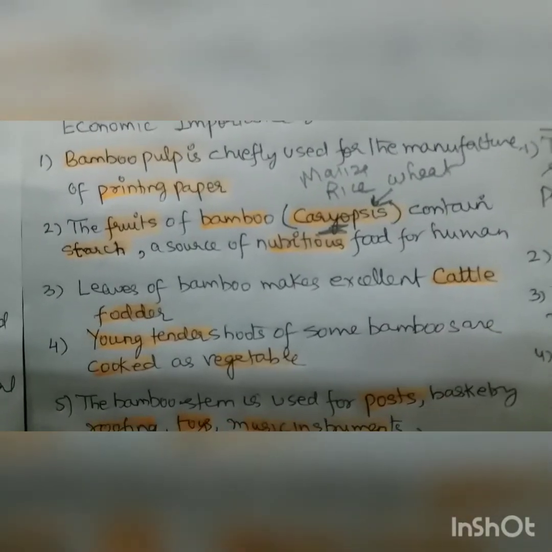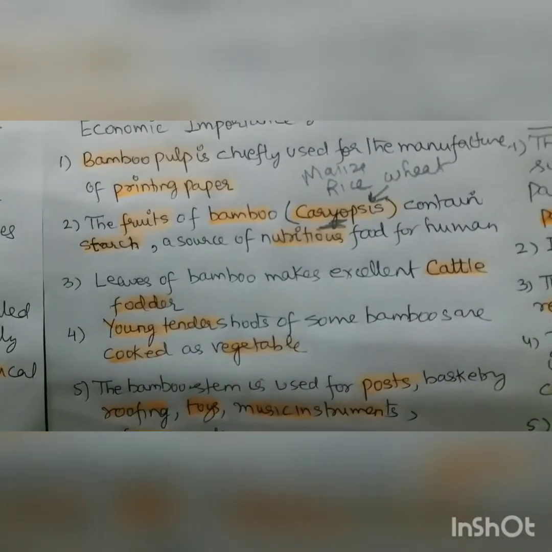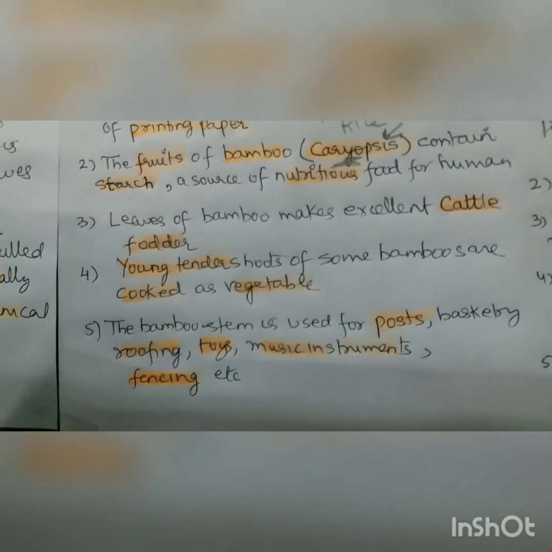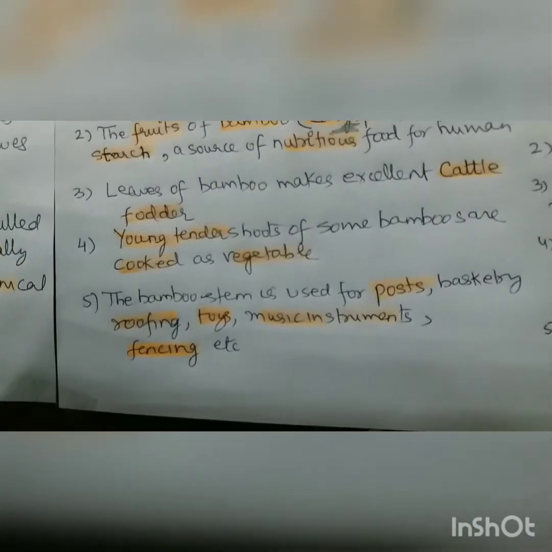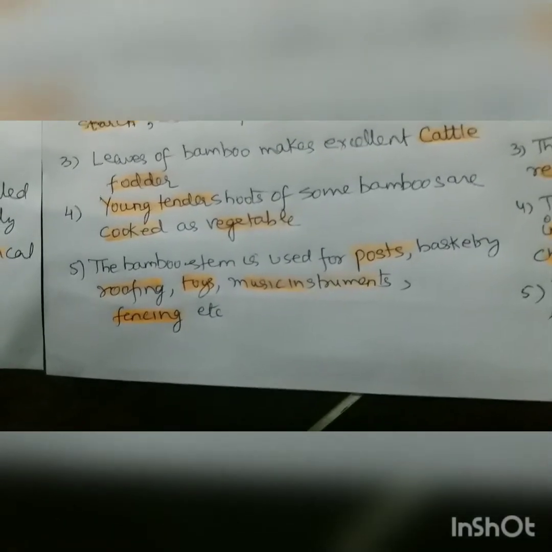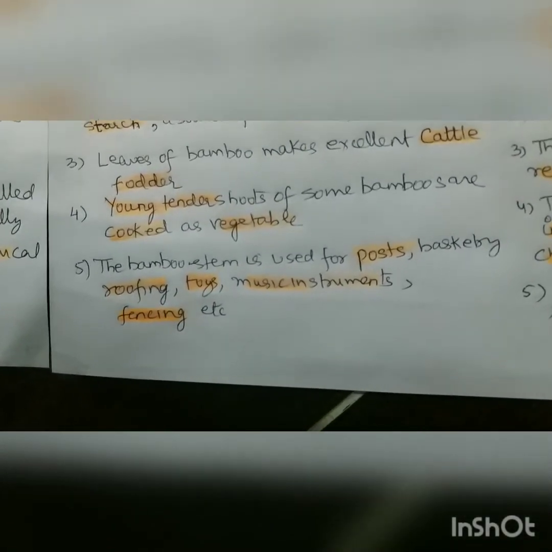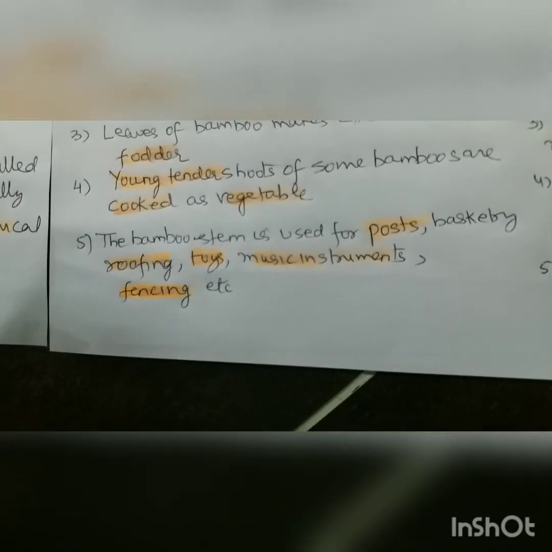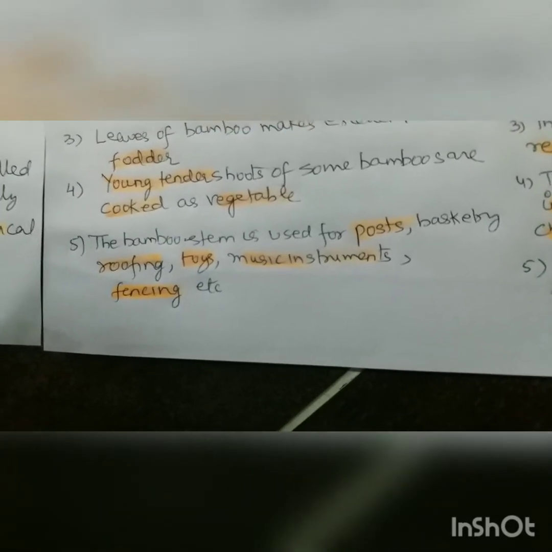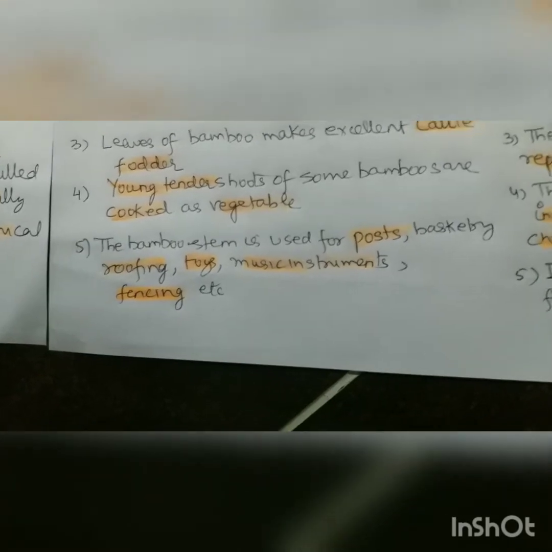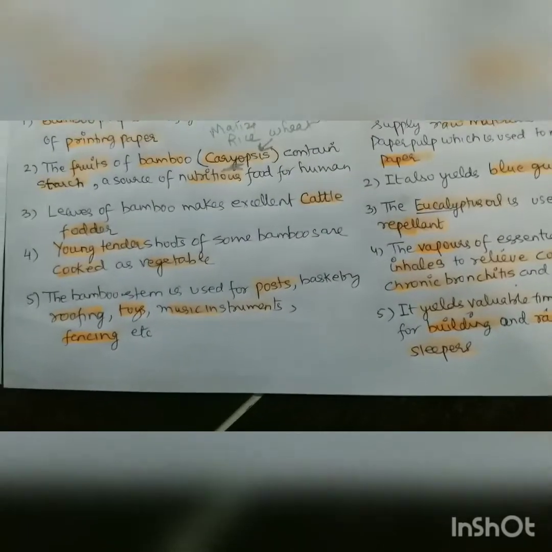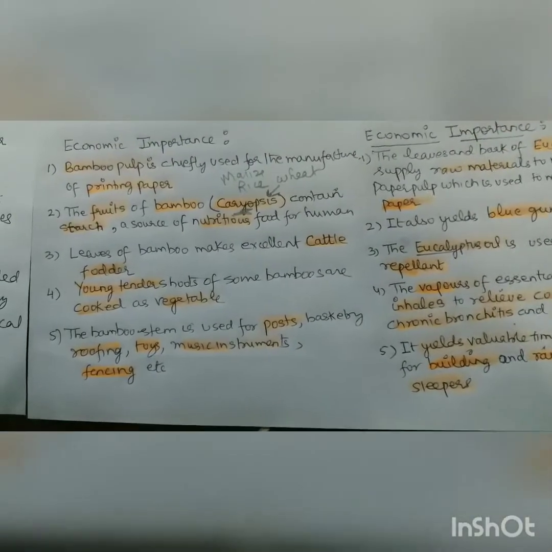Leaves of bamboo make an excellent cattle fodder, and the young tender shoots of some bamboos are cooked as vegetables. The bamboo stem is used for posts, as you have seen in villages, and for baskets, roofing beams, toys, musical instruments, and fencing. So bamboo is an excellent source for our day-to-day requirements.